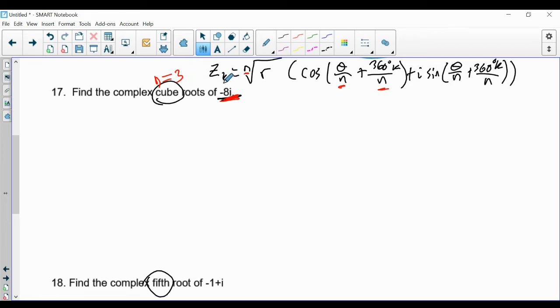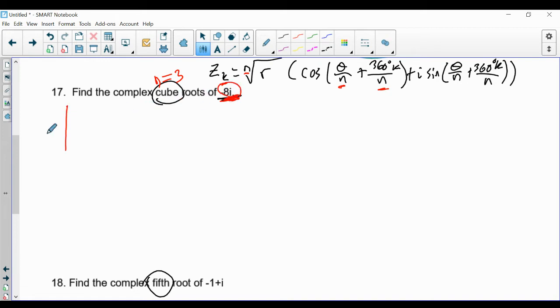So that's where we get to choose our k value at the end, and we need to choose 3 consecutive k's. Easiest ones to choose are starting at 0, so 0, 1, and 2 will give us three answers that would be 100% correct, okay? Technically, you can choose any k values as long as they're consecutive, but just choosing 0, 1, and 2, or 0 to n minus 1, if you will, are going to be your best bet.